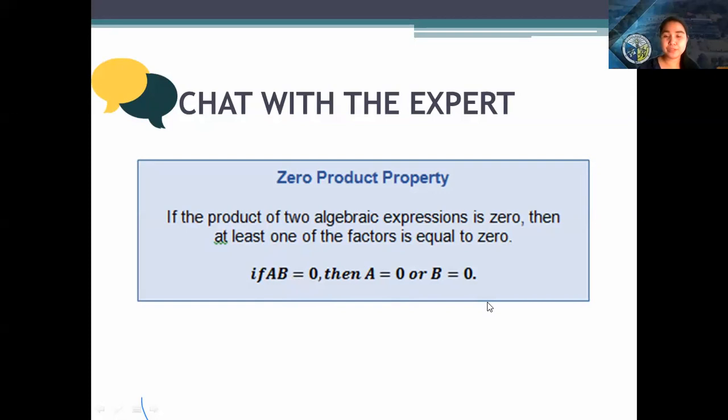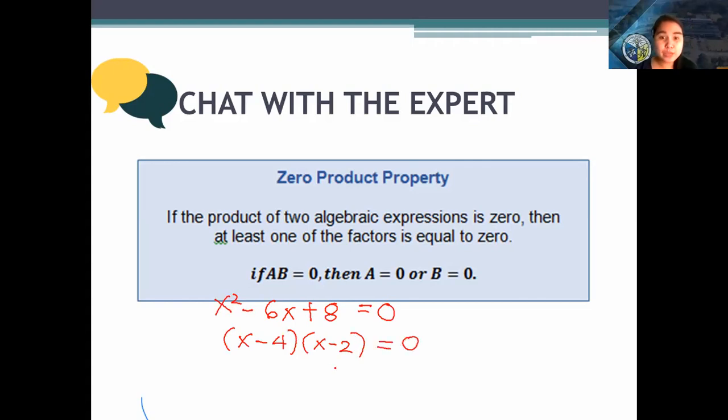For example, let's have the last number that we have in our venture activity: x squared minus 6x plus 8 equals 0. The factors are x minus 4 and x minus 2.